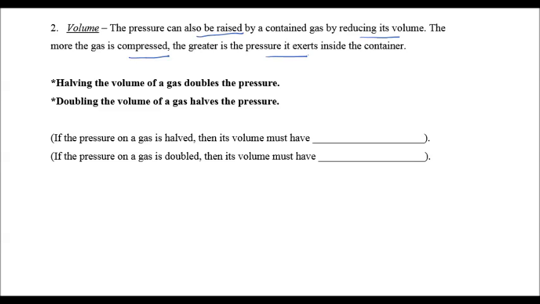If you double the volume, the gas particles can spread out more, they don't collide as often, so you will get half of the pressure. So if the pressure on a gas is halved, then its volume must have doubled. If the pressure on a gas is doubled, then its volume must have halved.